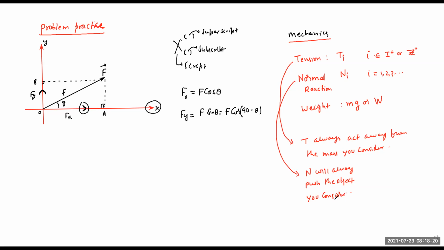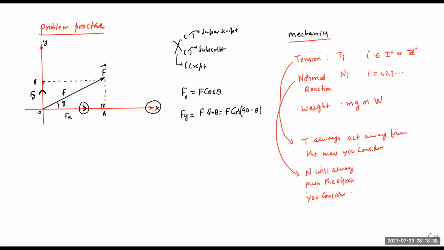So whatever you consider, the normal will push it, so it will act that way. Gravity, we all know, will act towards the center of the earth. So now, knowing that these forces will act this particular way, we can actually solve any problem of the knotty problem that we discussed in the last class.